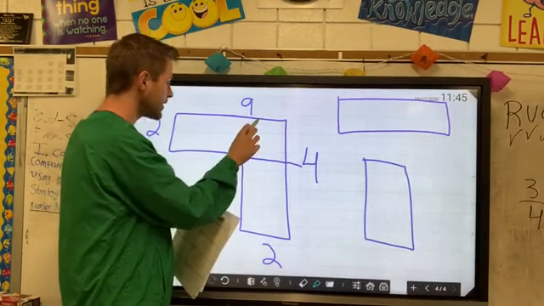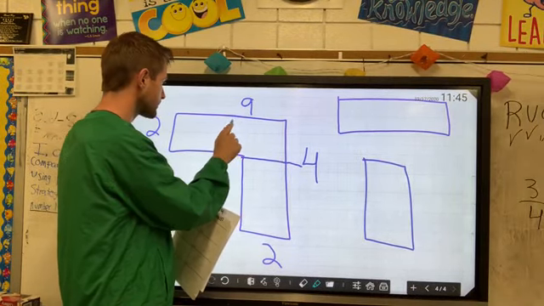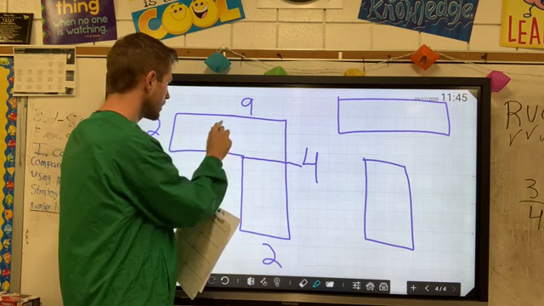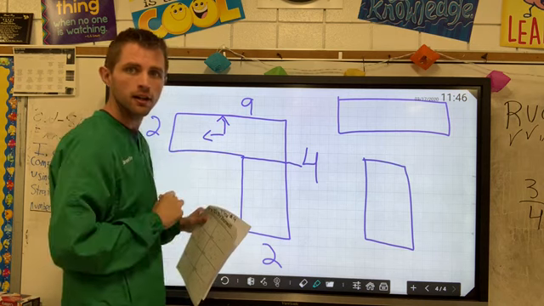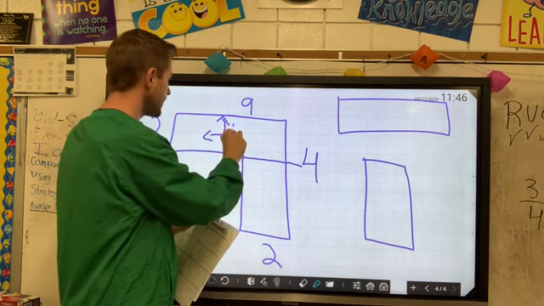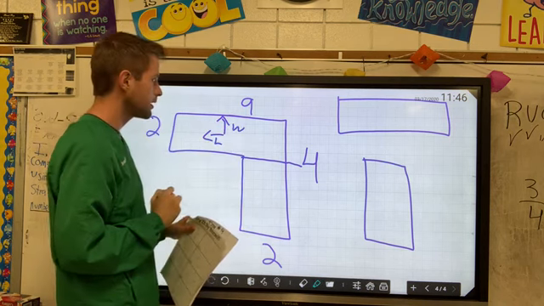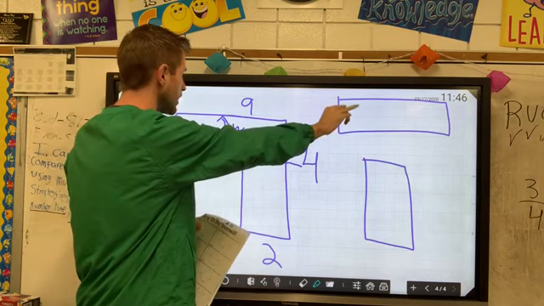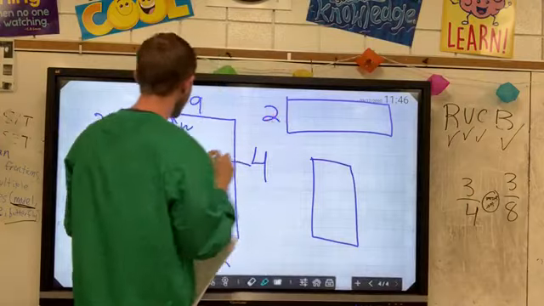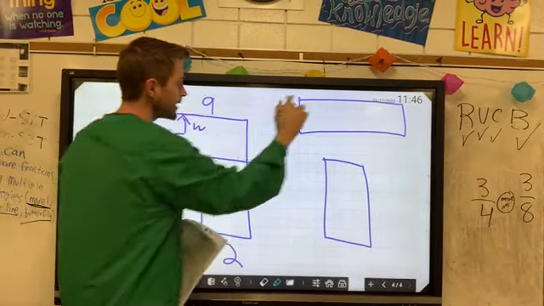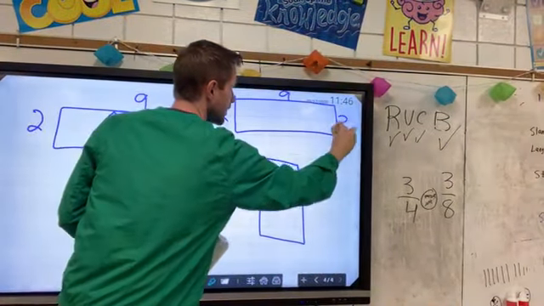I have the dimensions. I have both dimensions for my top figure. I have the width here and I have the length here. So I'm just going to transfer that over here. The length of this upper rectangle is 2. The width of this upper rectangle is 9.